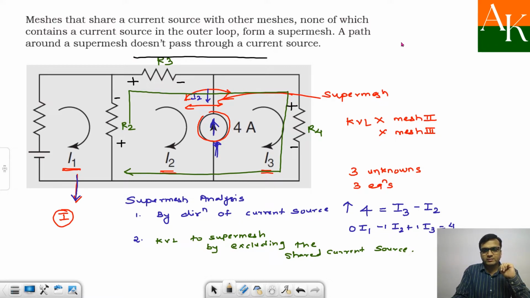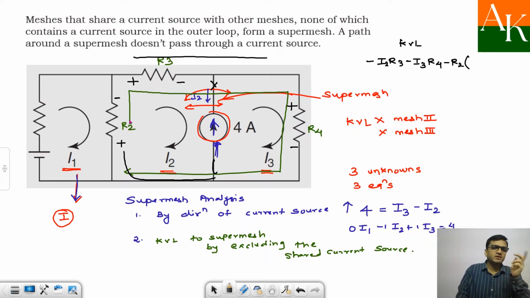Naturally when I apply KVL to the supermesh, my equation will be minus I2 R3. You go ahead, don't go over here, there is a current source. Go ahead, minus I3 into R4. Then you go ahead, don't go over here. You have to go over here, and then minus R2.